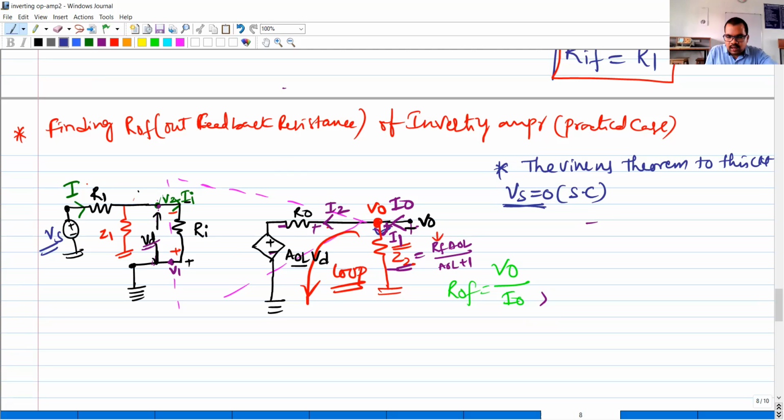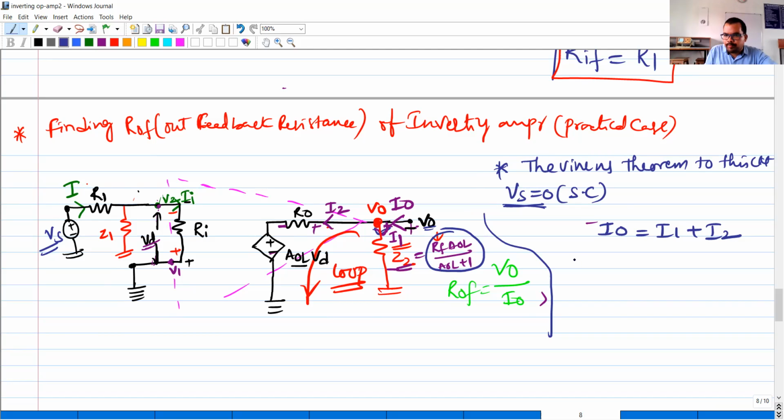Here, this is my output voltage, and the total output current I am writing as I0. This I0 current will be divided, one current flowing through R0 and another current through Z2, which means this resistance. So the total current I0 is equal to I1 plus I2.